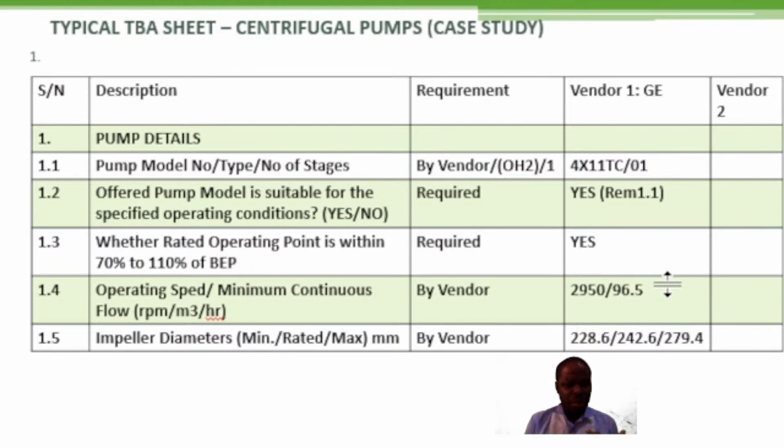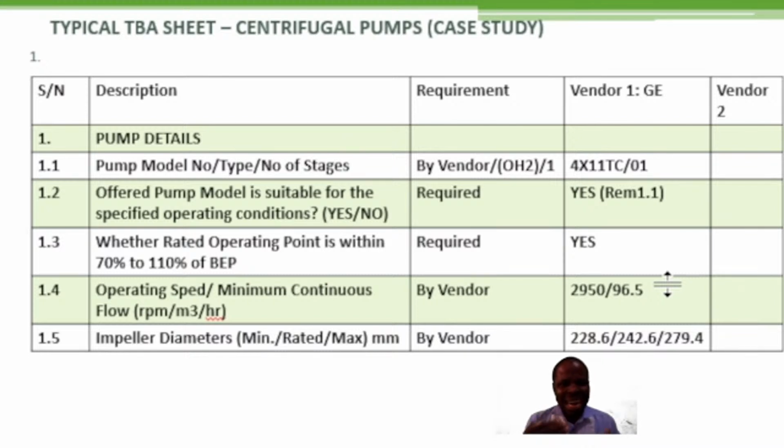It must supply you with the minimum impeller diameter. What is the rated impeller diameter? What is the maximum impeller diameter? All this data is very important, because these are the data that you will eventually use to carry out a thorough technical evaluation of the mechanical data sheet submitted by the vendor you finally chose.